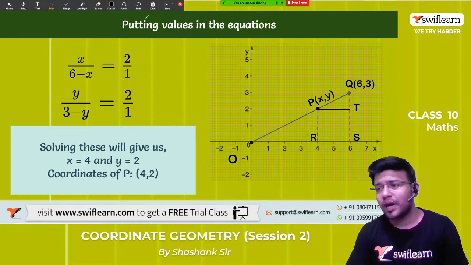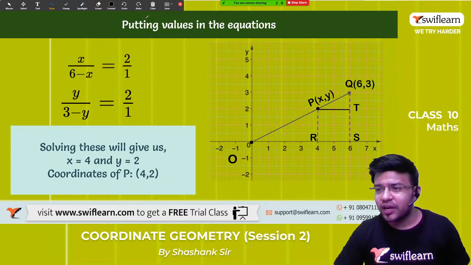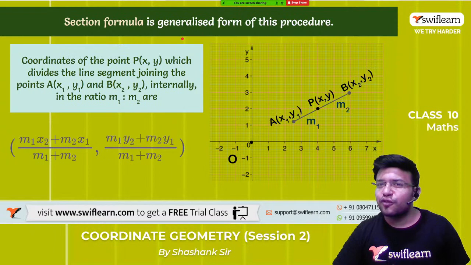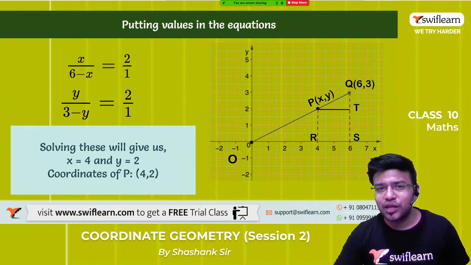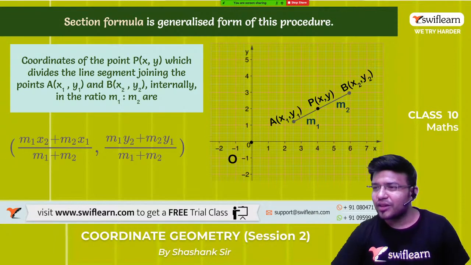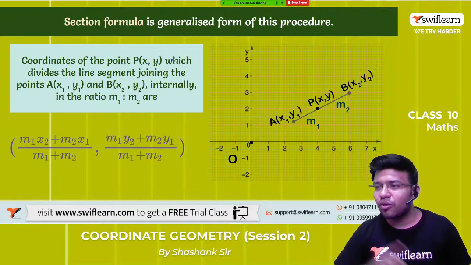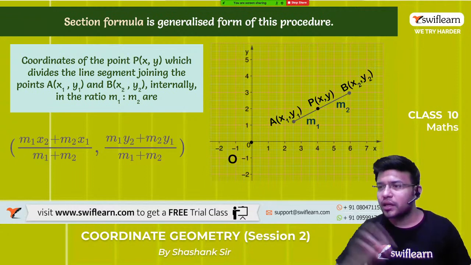Any doubts so far? If you are having any doubts, you may ask me, or else we can continue. So let us continue. Section formula in generalized form. So far, what did we learn in the previous problem? The line joining was from the origin to any other point.